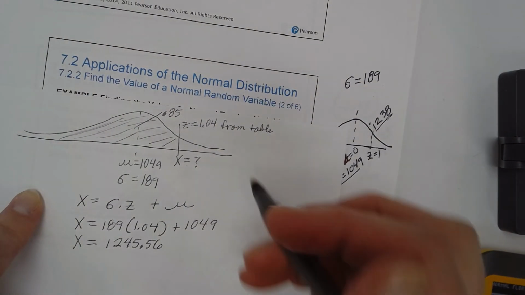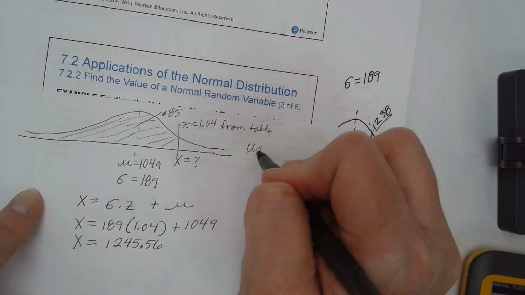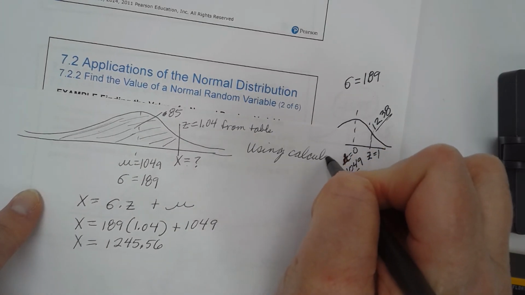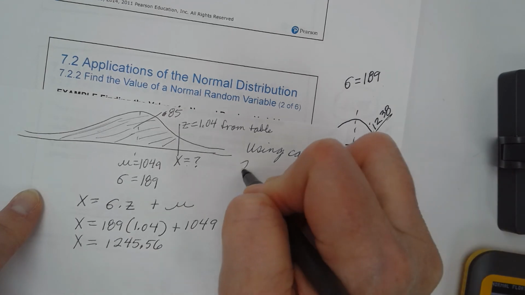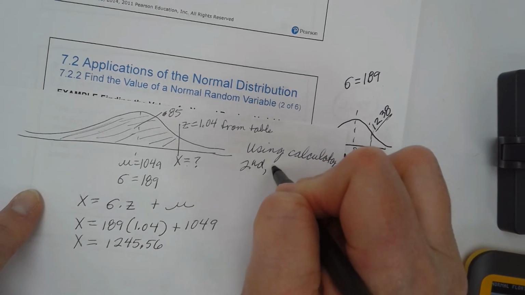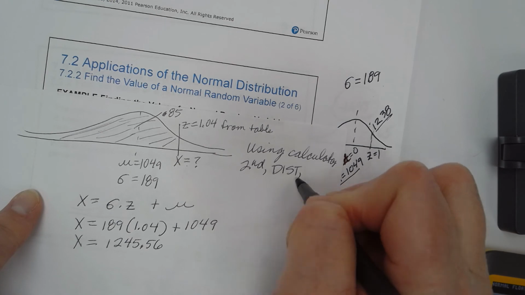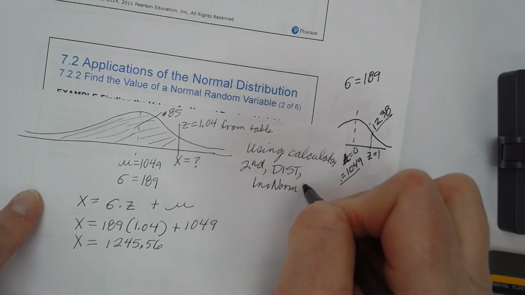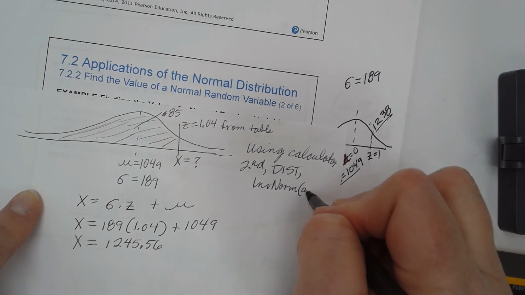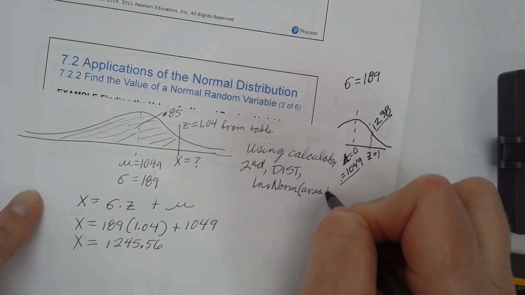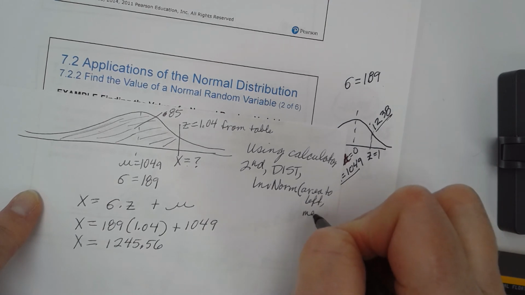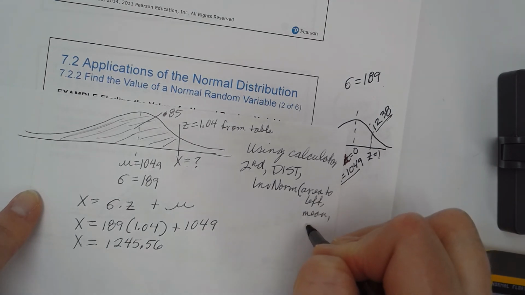Okay, so using calculator, second distribution, inverse norm, and then you're going to put in the area to the left and the mean and the standard deviation.